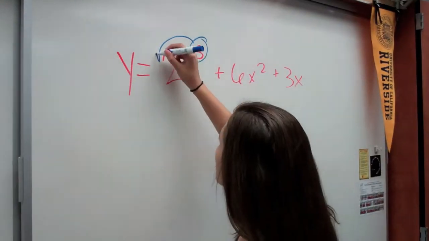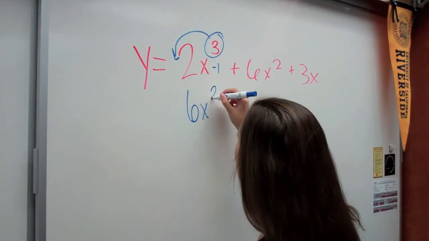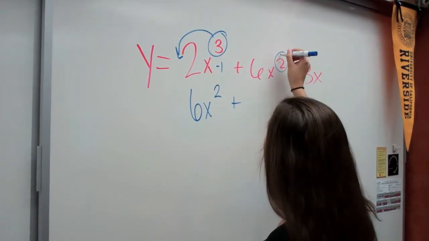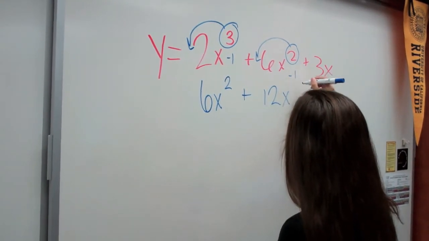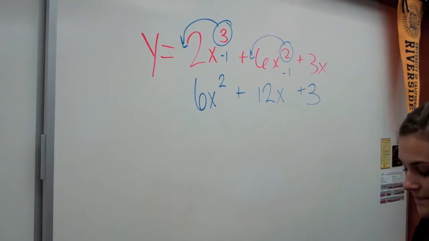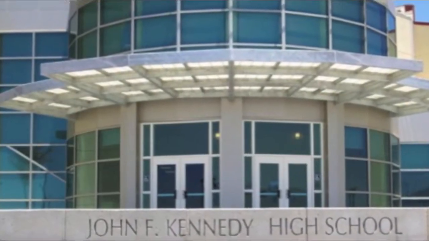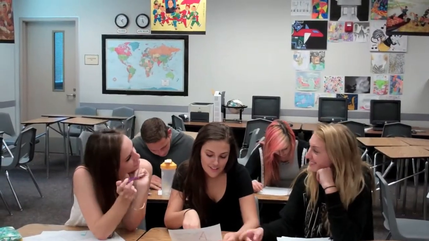Take your exponent, multiply it with the coefficient in front, subtract it by 1. Then do the same thing with the other values. You're done. You could travel to school, but nothing comes close to Miss DeFrane's class. Once you study with us, you'll be getting good grades.